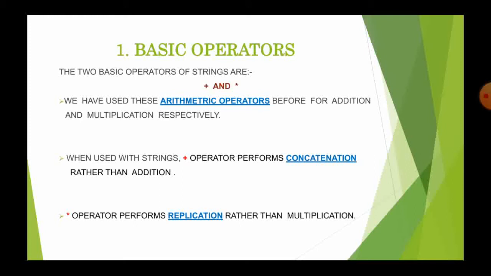The first operator type, basic operators. There are two basic operators for strings: plus and multiplication, the asterisk symbol. We have used these two as arithmetic operators to perform addition and multiplication respectively.